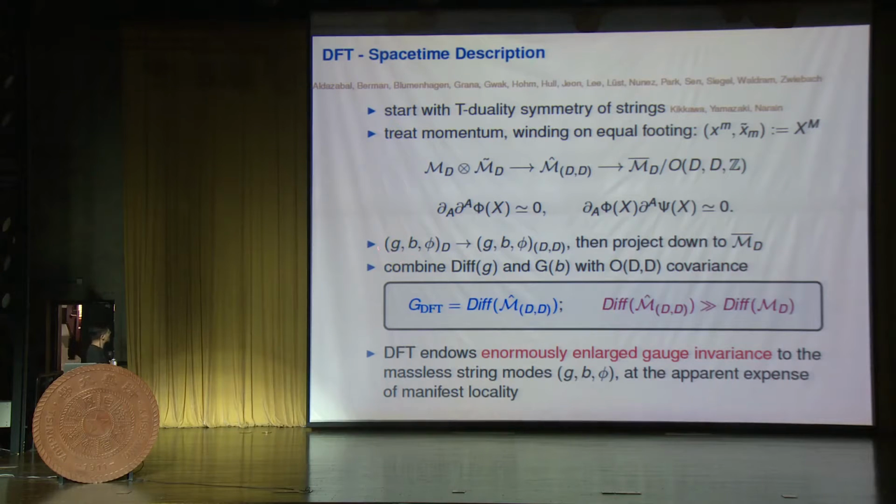Likewise, all the fields, for example, the massless modes in this case, G, B, and the dilaton phi, have to be enlarged first and then subject to this section condition. In this way, we sacrifice locality, but we manifest the diffeomorphism as well as O(D,D) duality symmetry, and by combining these two, the diffeomorphism symmetry is enlarged to a much larger size, and that's basically the enlarged gauge invariance that I like to play around with.